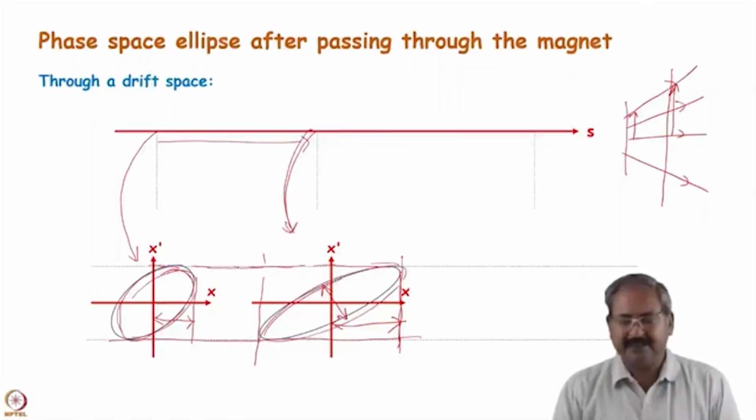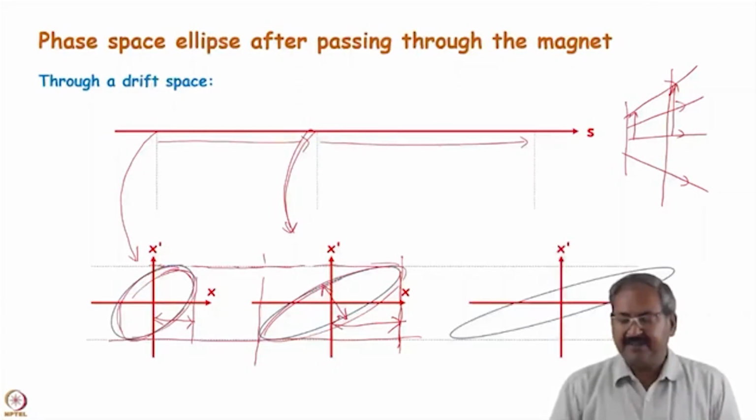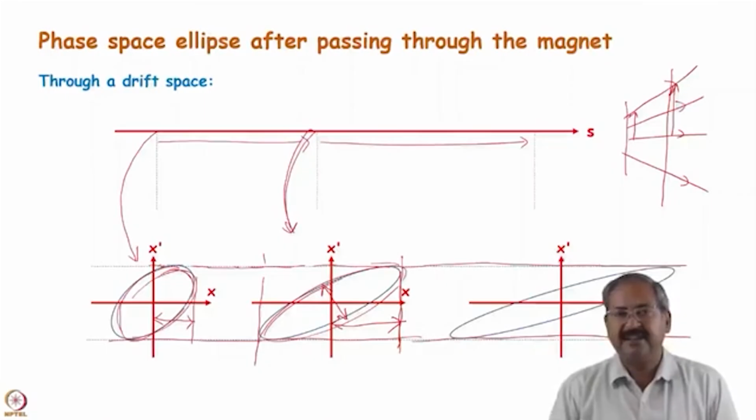These particles go further downstream to this point and reach here. So what will be the ellipse when it reaches here? Again, it will be bounded vertically by the same boundaries. The angles of these particles do not change, and the maximum amplitude is further increased.